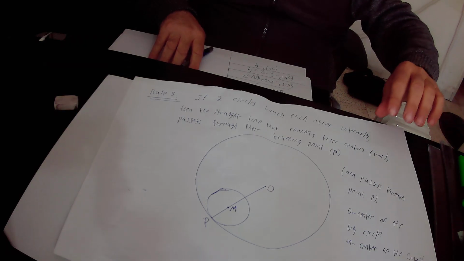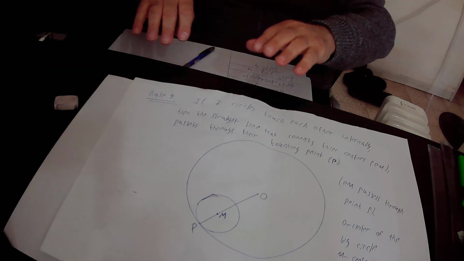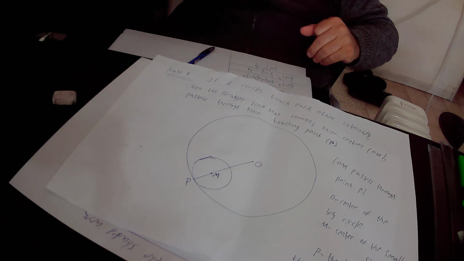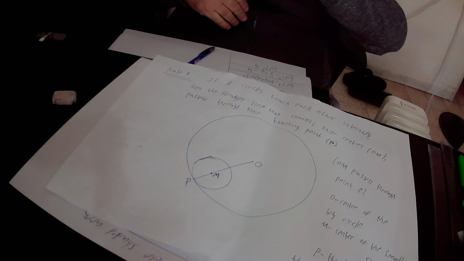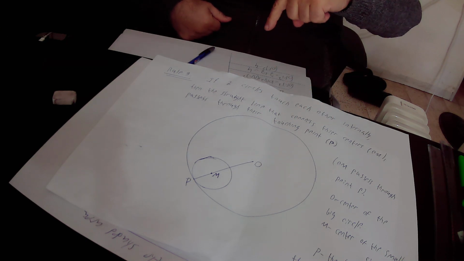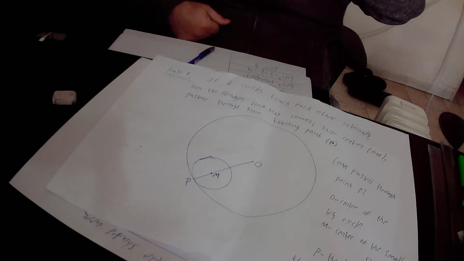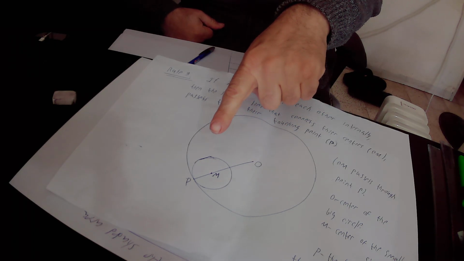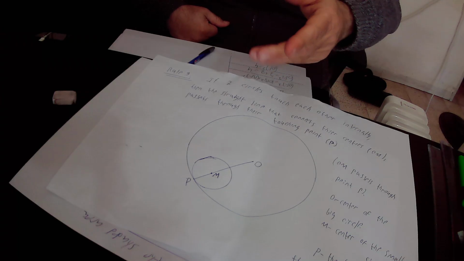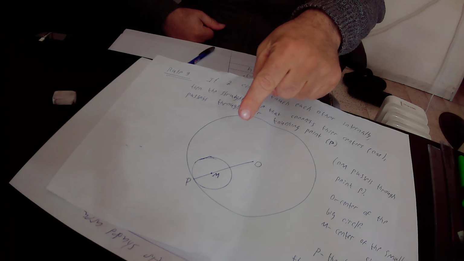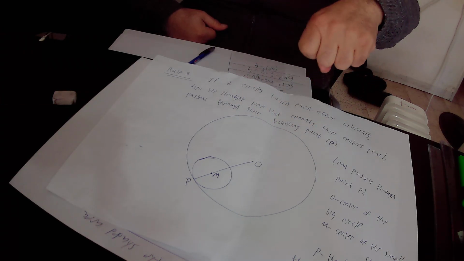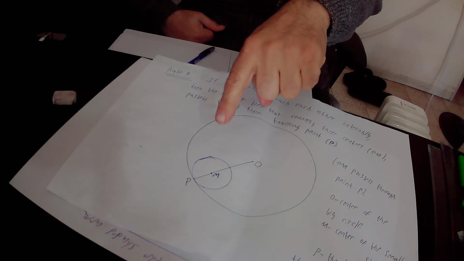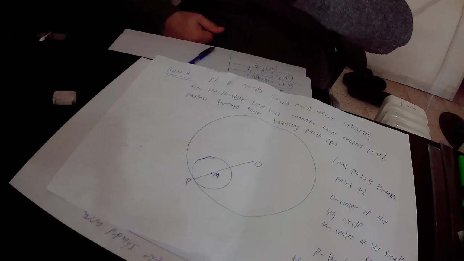According to rule 9, if two circles touch each other internally, here in the drawing we have the big circle touching this small circle internally at point P. Because the small circle is located inside the big circle, they are touching each other internally at point P.